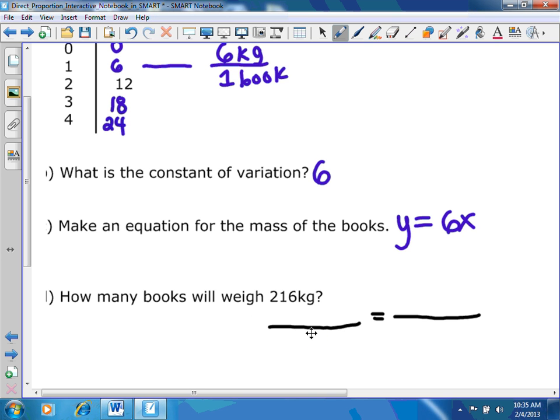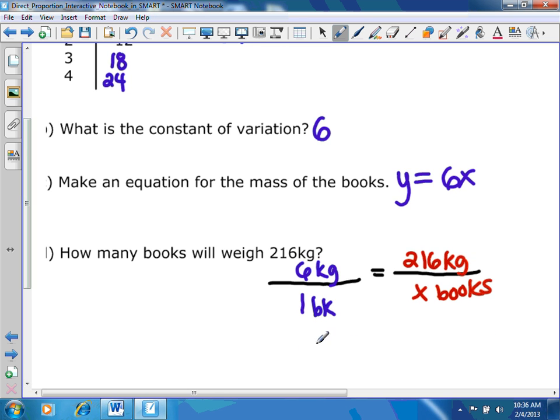What's going to be my first? 6 kilograms over 1 book. And then what? Kilograms over X books. Alright, cross multiply and divide to figure out how many books. How many? 36. 36 books.